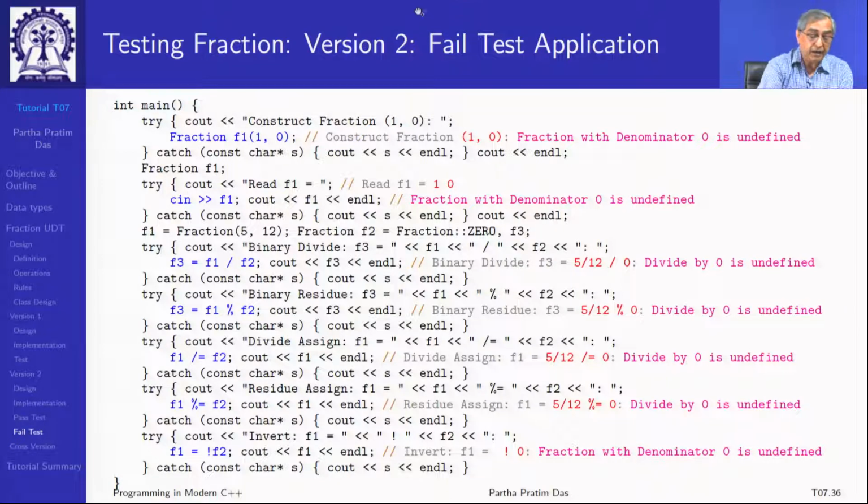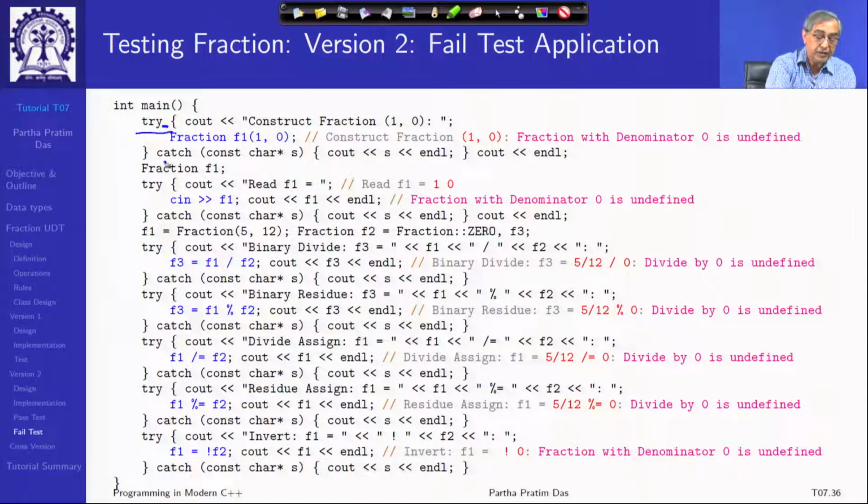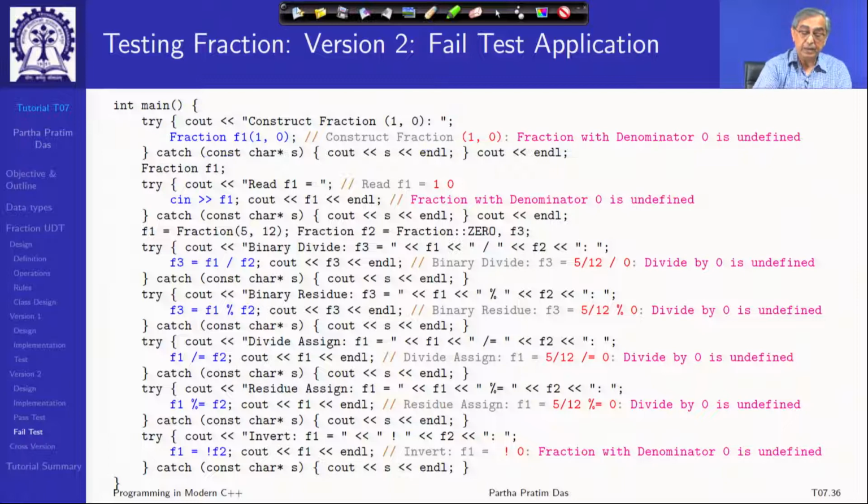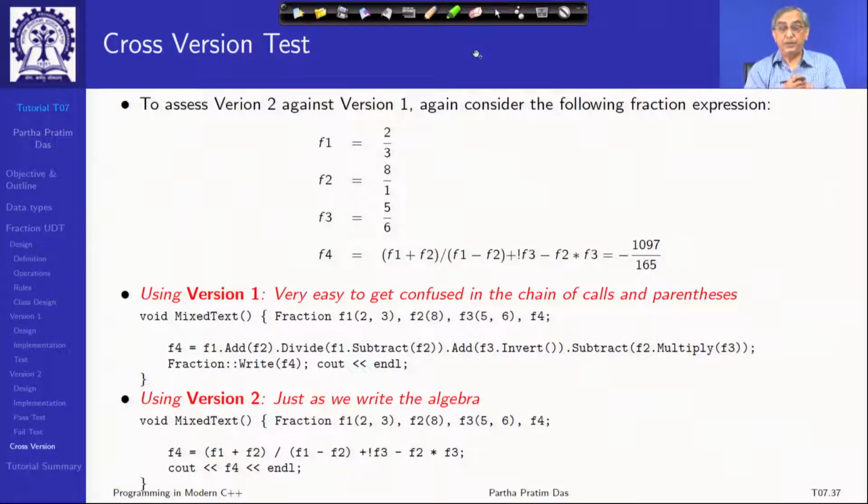So, to try them you have to use the try catch block and then see whether those messages are being caught. So, here are examples of constructing with a denominator 0, or trying to divide by the 0 fraction, or trying to take remainder with the 0 fraction and so on. And you will see that all of these will also pass because they are throwing the proper messages.